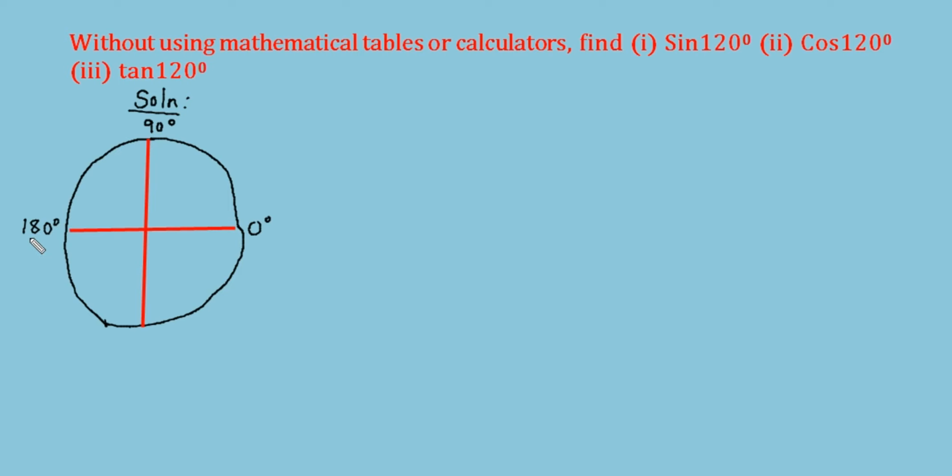The third quadrant lies between 180 degrees to 270 degrees. Then the fourth quadrant lies between 270 and 360 degrees. We know that in the first quadrant, all trig ratios are positive. In the second quadrant, only sine is positive and the rest are negative.